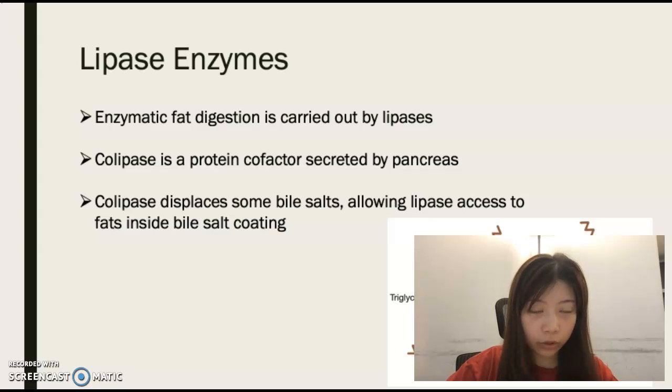The bile salt coating of the intestinal emulsion complicates digestion, because lipase is unable to penetrate the bile salts. For this reason, fat digestion also requires colipase, a protein cofactor secreted by the pancreas. Colipase displaces some bile salts, allowing lipase access to the fat inside the bile salt coating.